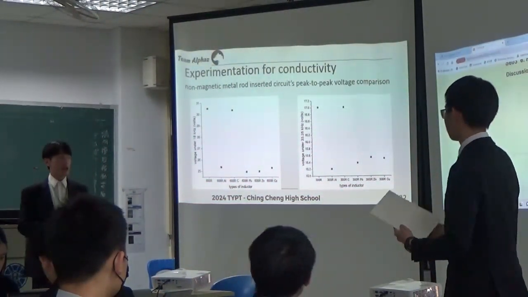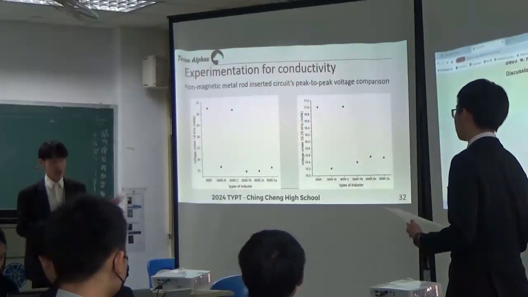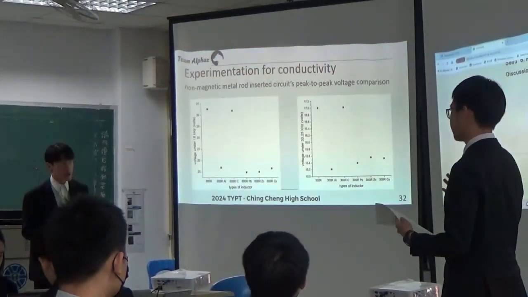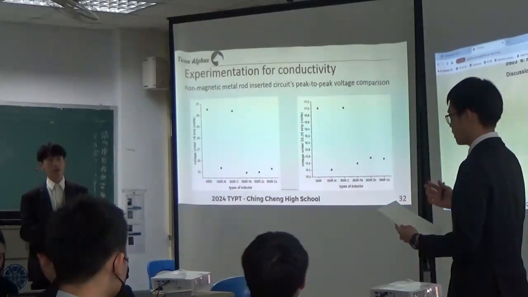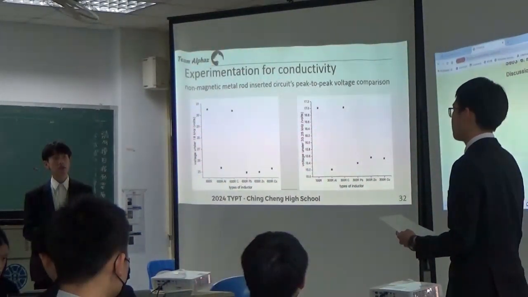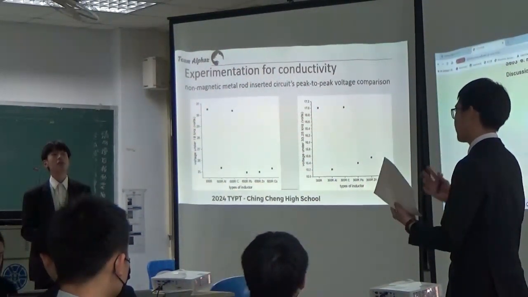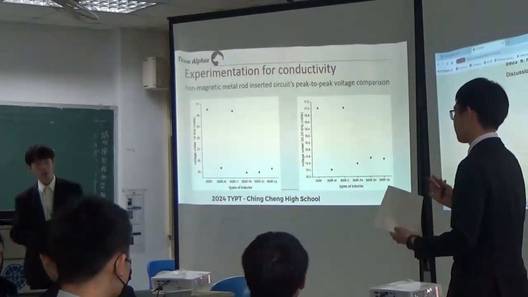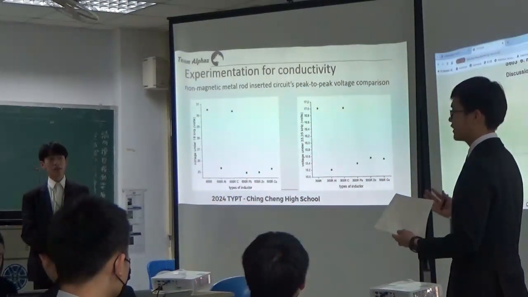And we didn't consider other properties. So you think the phenomenon is based on the relative permeability of the rod, and it makes the inductor flux density change, so it makes the inductance change, right?